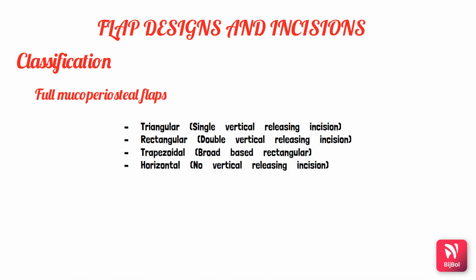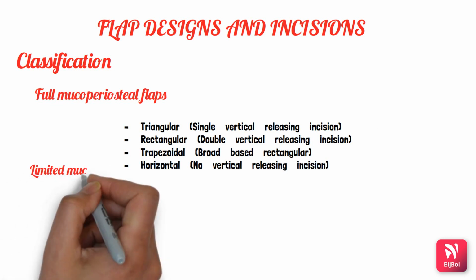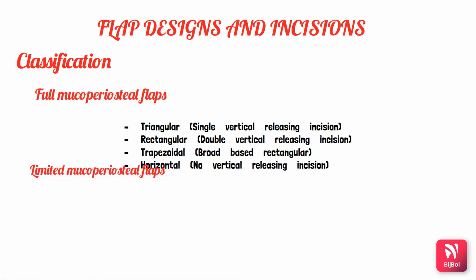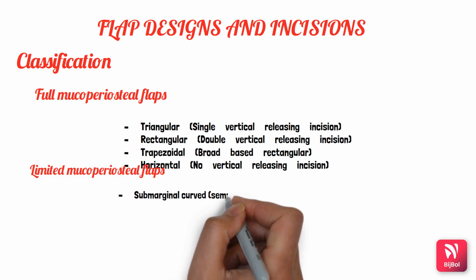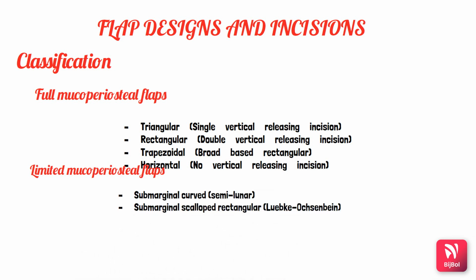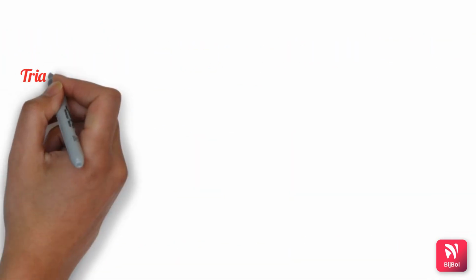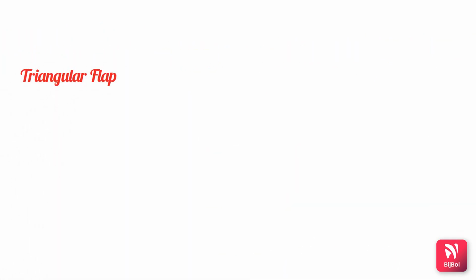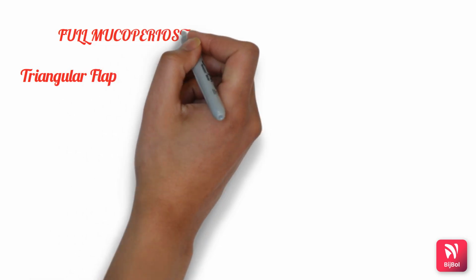The limited mucoperiosteal flaps include the submarginal curved, that is semilunar, and the submarginal scalloped rectangular, that is the Luebke-Ochsenbein flap.